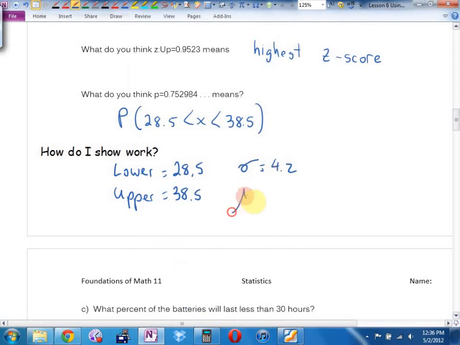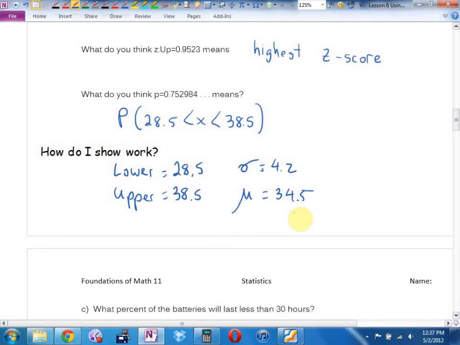Sigma 4.2. Mean was 34.5. If you're using your calculator, if you write down that, I'll clue in, oh, you're choosing to use the technology. If you just write an answer without showing me what you've typed in, I have to take marks off because I have to assume you just cheated.